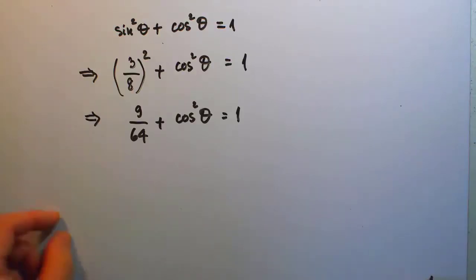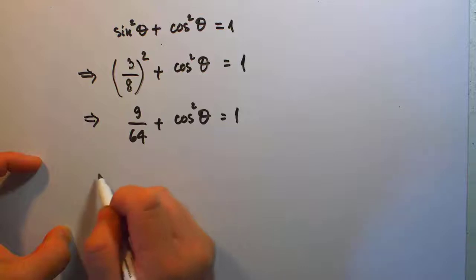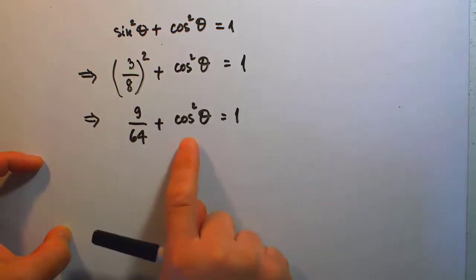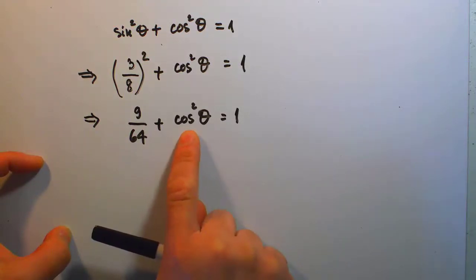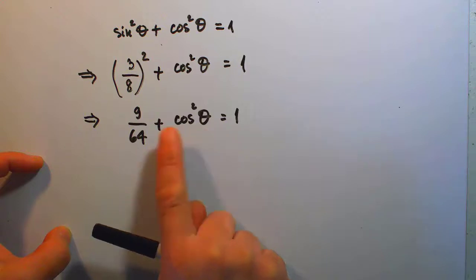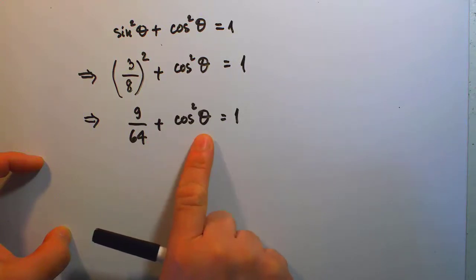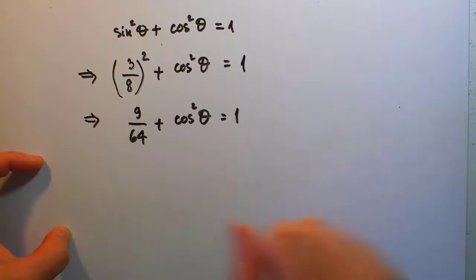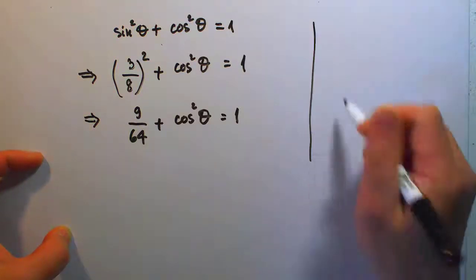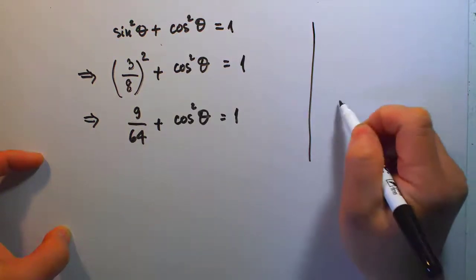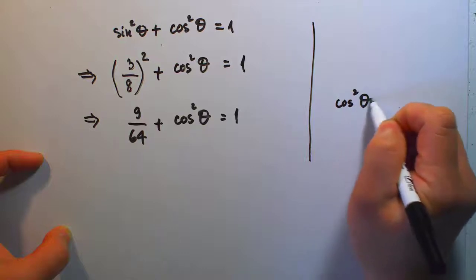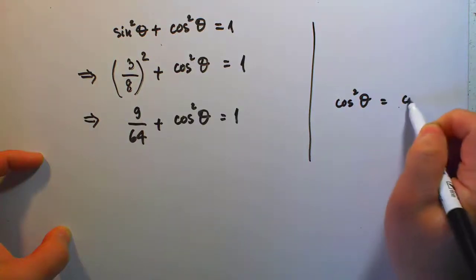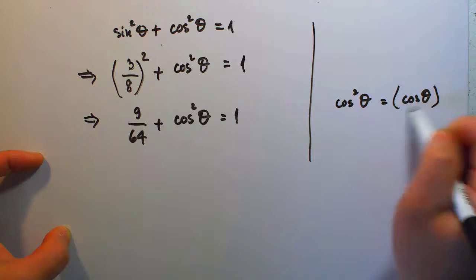Continuing further down, I can at this point isolate cosine theta as an expression, cosine square of theta. Remember, we discussed throughout the lecture that this cosine square theta means the cosine of theta expression but being squared.